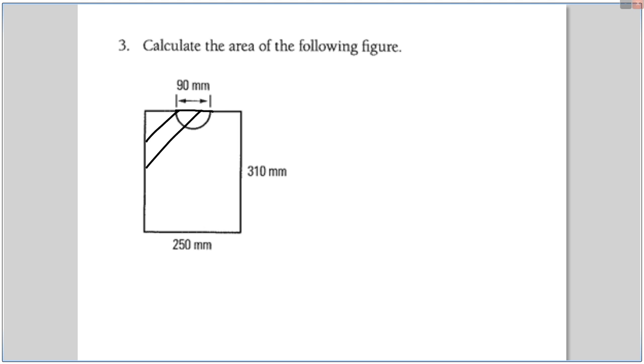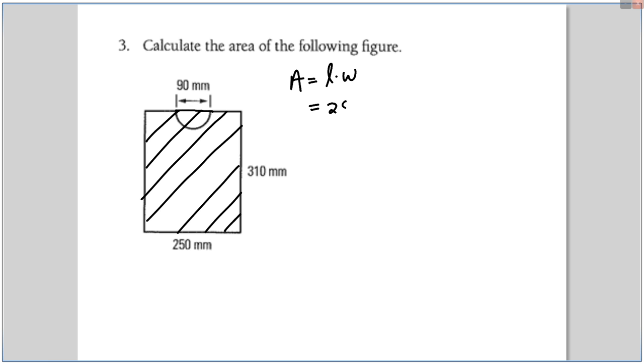And this area would cover, when you multiply the length and the width, this is going to give you the area of the total rectangle, okay?